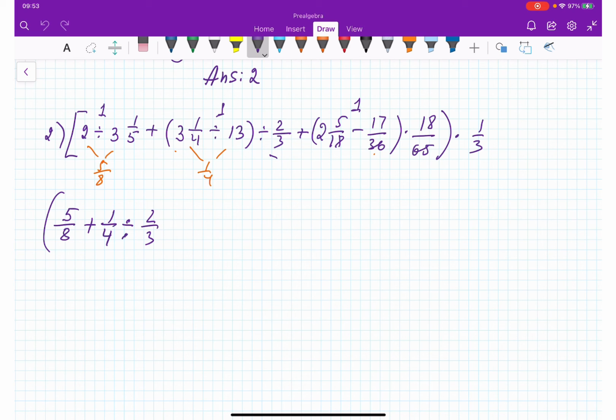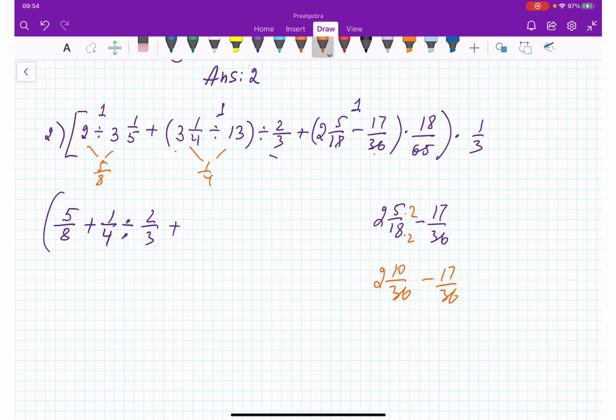And then plus 2 and 5 over 18 minus 17 over 36. So common denominator is 36, so times 2 times 2. And we are getting 2 and 10 over 36 minus 17 over 36.